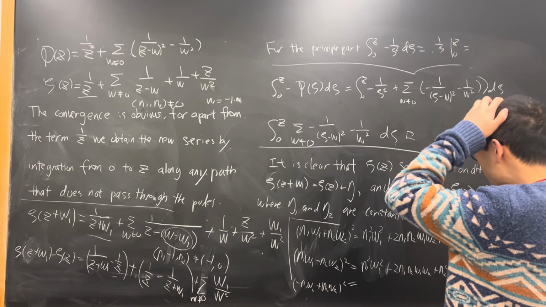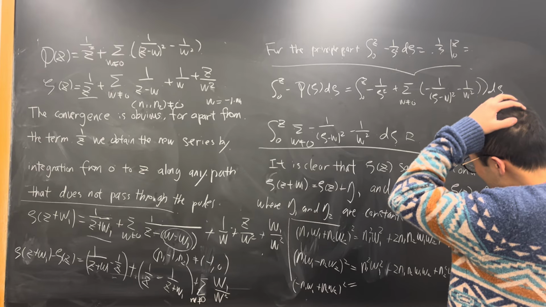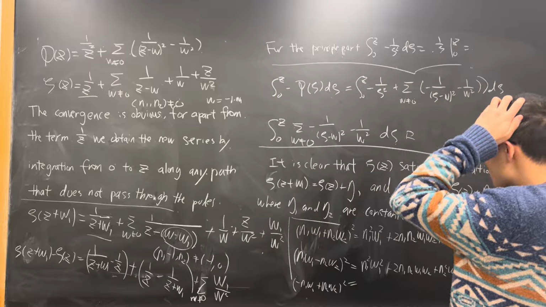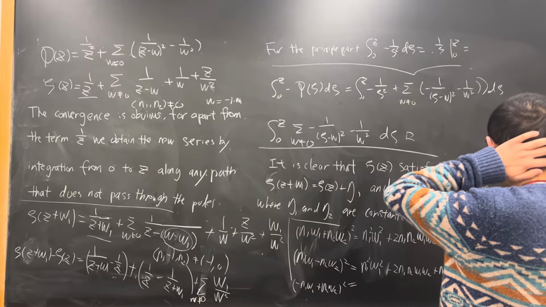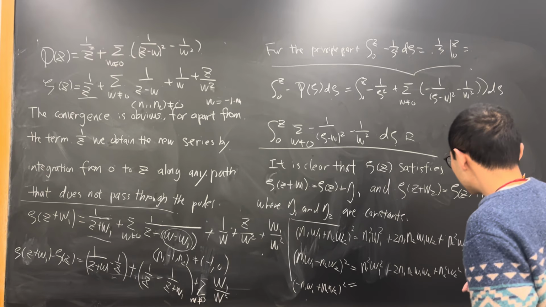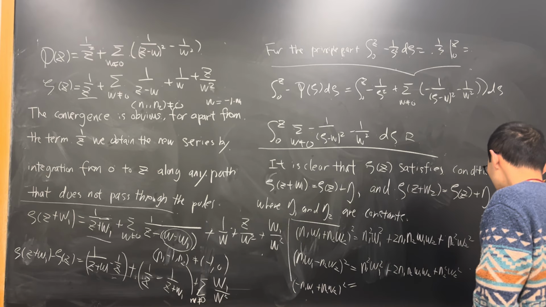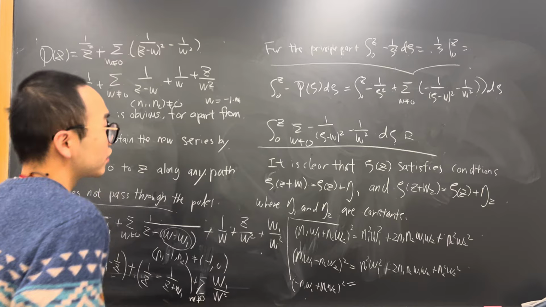So when we add them all up, they should become... wait, we can't really add them, right? That's the question. We are not really adding them because they are in the denominator.